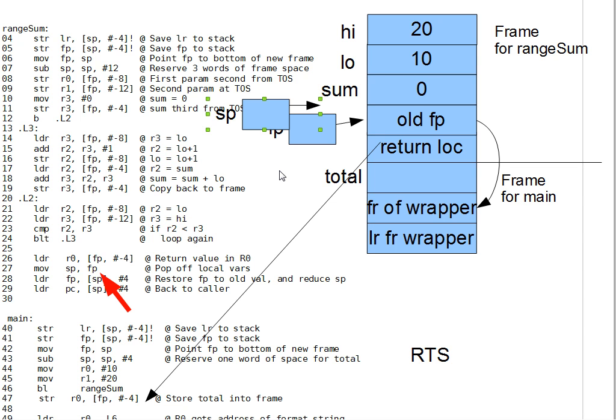This effectively removes all the local state: high, low, and sum. Note that we do not deliberately erase that state by setting it to 0, for instance. We don't need to. Since it's no longer part of the runtime stack, it can just be left as garbage data in memory to be overwritten by some later stack frame. Main will expect its original FP to be unchanged upon return.